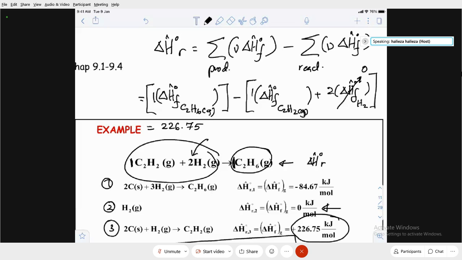I need to erase this, because I'm looking at this, what is that? That is ethane. So it should be minus 84.67. That's your ethane, minus, this is ethylene. So ethylene is here. That will be minus 226.75. So if you do the calculation, what is your final value? It should be negative something. It would be negative 300-something.